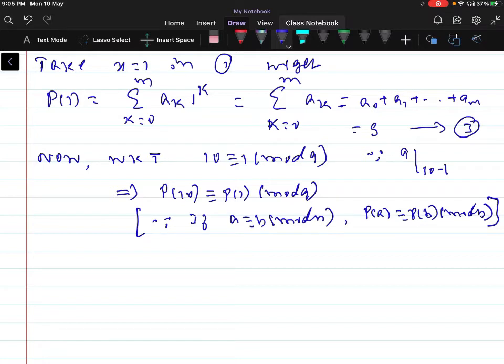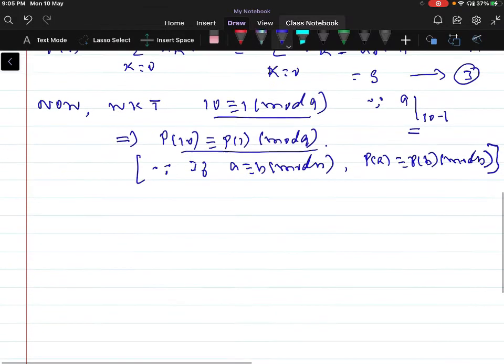Using this result, we know that 10 is congruent to 1 modulo 9, so this implies p(10) is congruent to p(1) modulo 9.